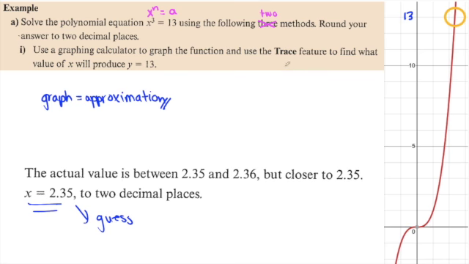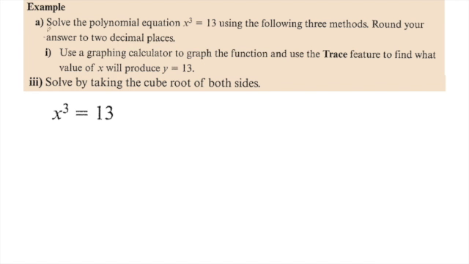Okay. However, we are able to very accurately find out what our answer to this polynomial equation is for x by factoring. Okay, so to be able to factor, all you're going to do is solve by taking the cube root of both sides. Because you have a cube here to get rid of, remember that just like squaring something, you take the square root of it.